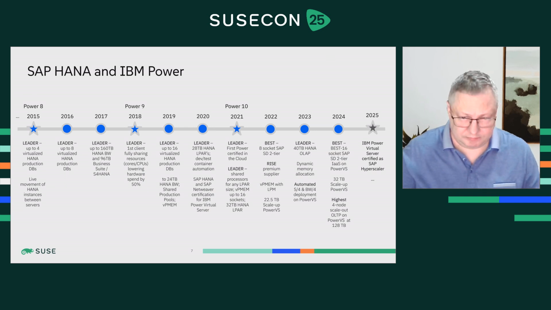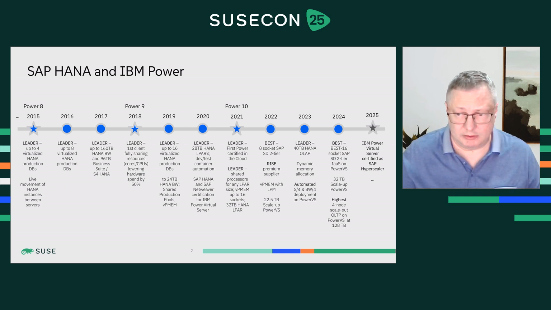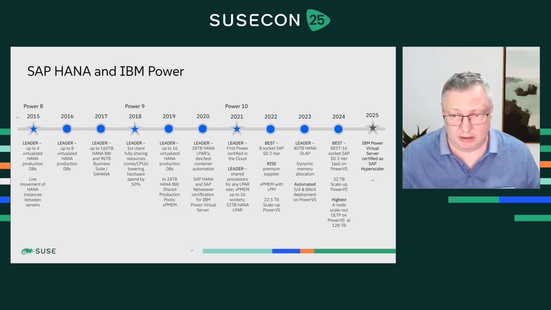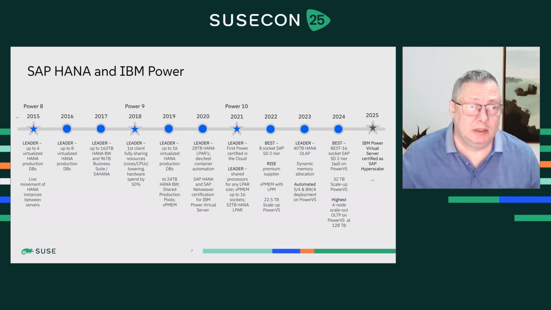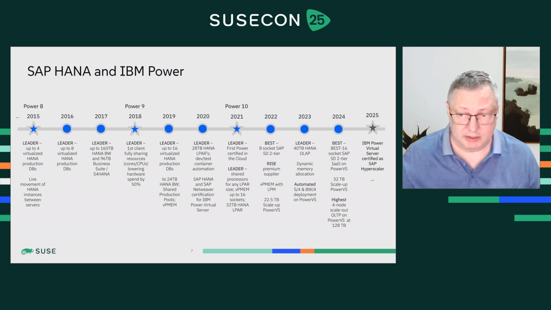And you'll see on these slides, I'm not going to go through it in detail, some of the leading milestones that we have achieved with HANA on Power. And since day one, SAP HANA on Power was supported on SUSE Linux Enterprise Server.